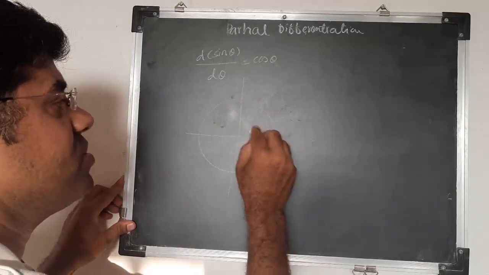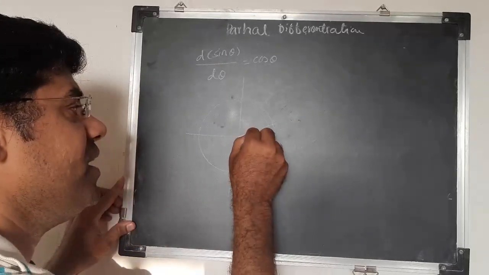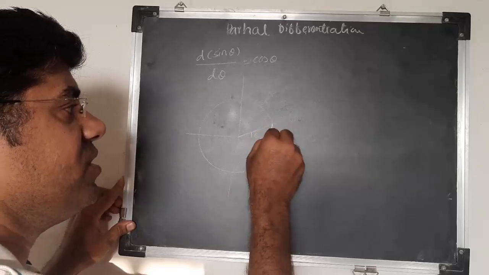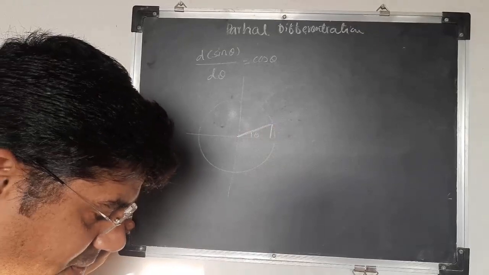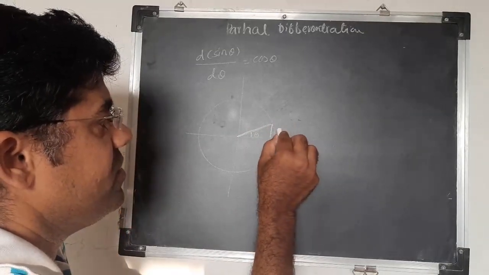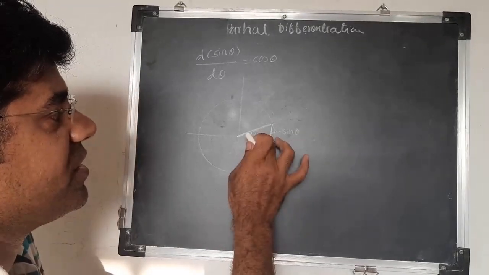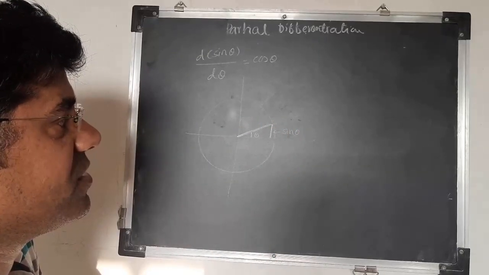Here we can take this particular angle theta. So this side divided by this, that represents what? This is your sine theta, the opposite side divided by this particular hypotenuse.